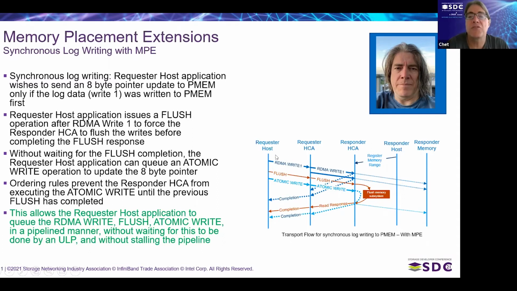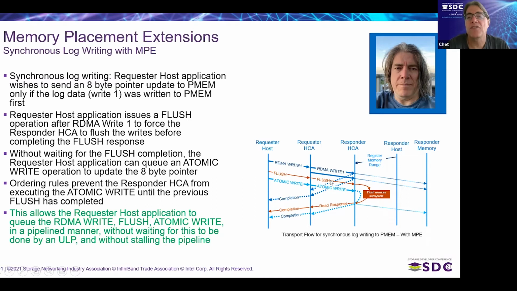Right after issuing the write, without waiting for the write completion, you queue a flush command to the requester HCA, and then without waiting for the flush to complete, you immediately queue your atomic write command to the requester HCA. Because of the ordering rules and the way flush is designed and implemented, the flush command has to execute first and complete before the atomic write that follows would be executed.